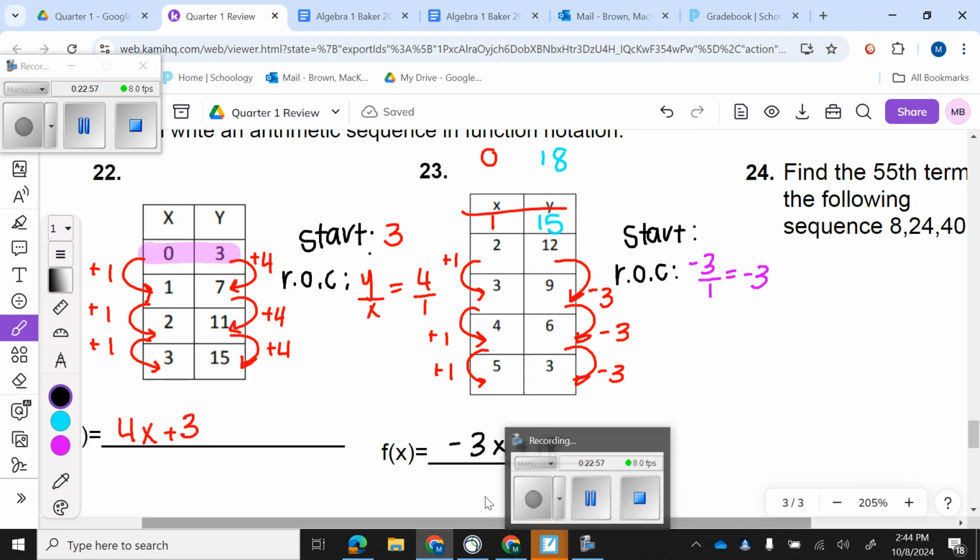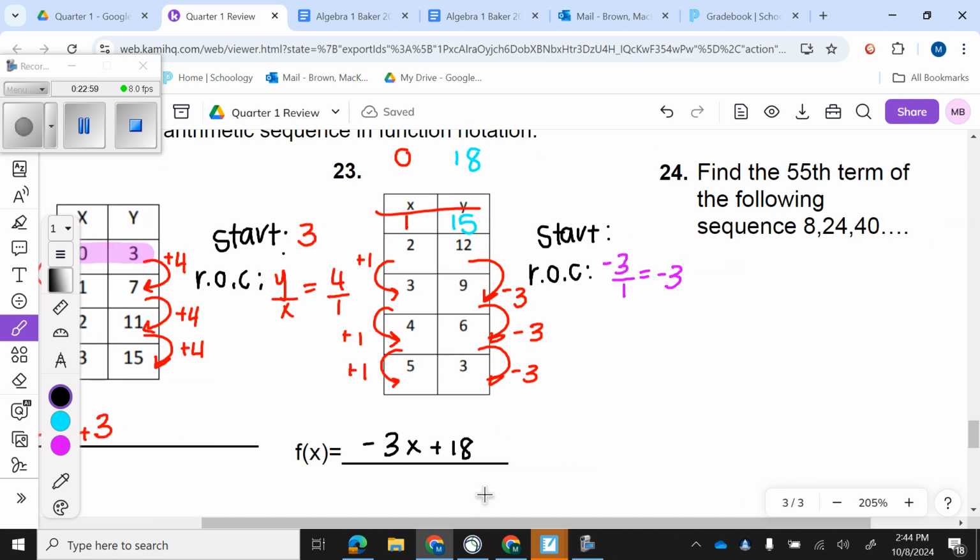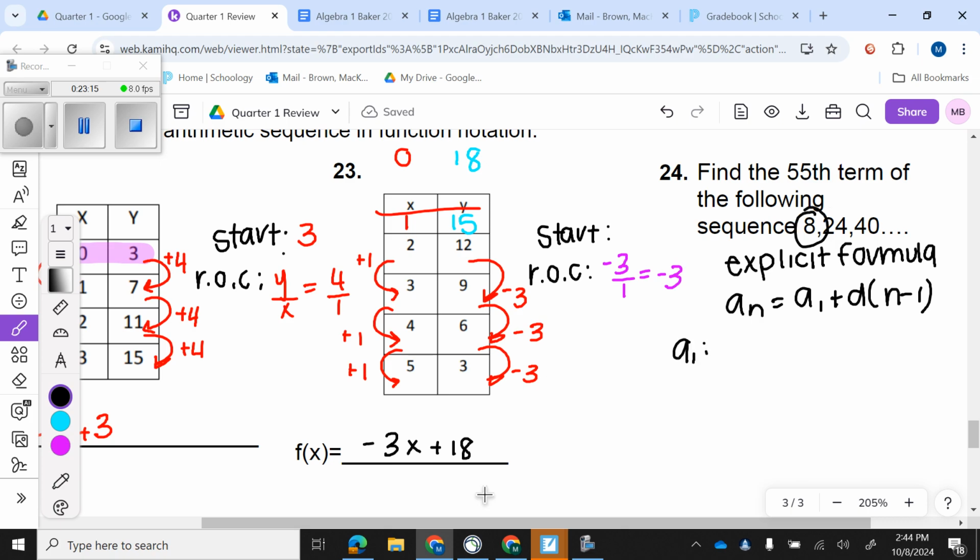All right, last guy. 55th term. I need the explicit formula, which is a of n equals a1 plus d parentheses n minus 1. All right, my a1 is my first term, which in this case is 8. To find my difference, I'm going to do 24 minus 8 in the calculator, which gives me 16.